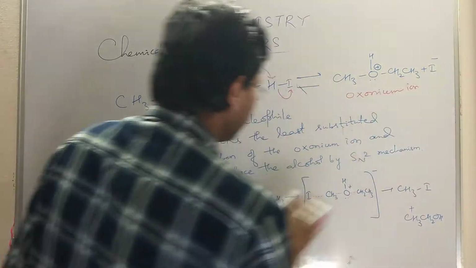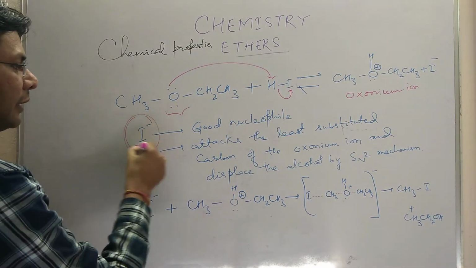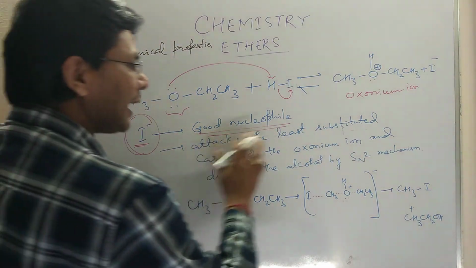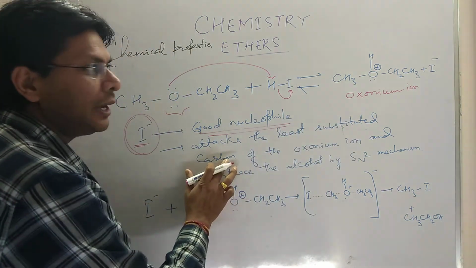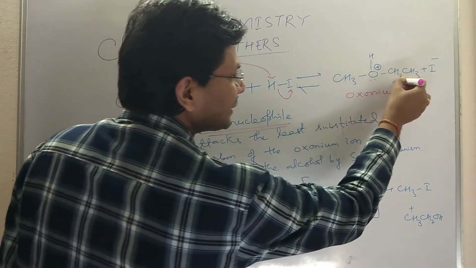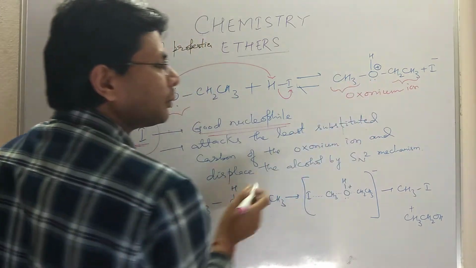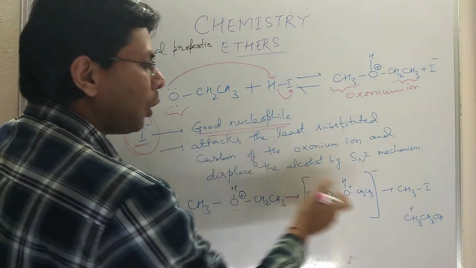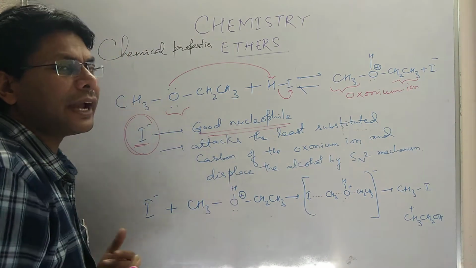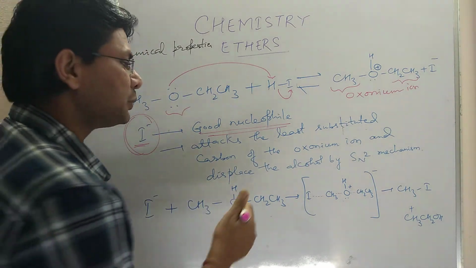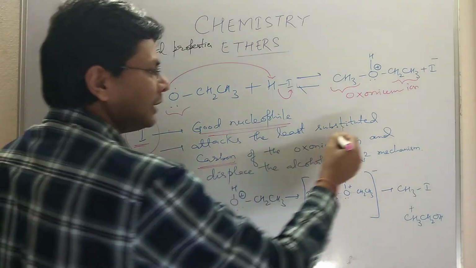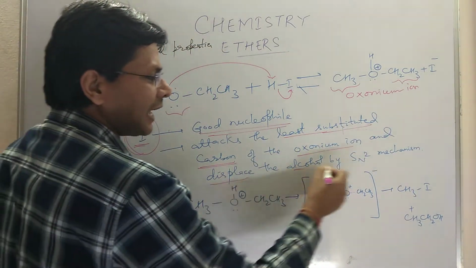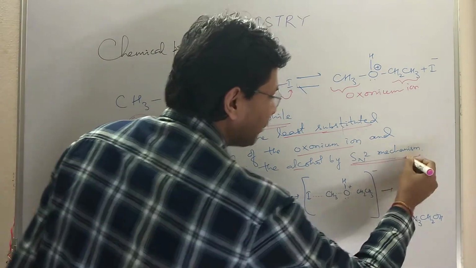And an iodide ion. Now this iodide ion is a good nucleophile. It attacks the least substituted carbon. So here we see that this is the ethyl group, this is the methyl group. The iodide ion attacks the oxonium ion from the back side, at the least substituted carbon, and displaces the alcohol by SN2.